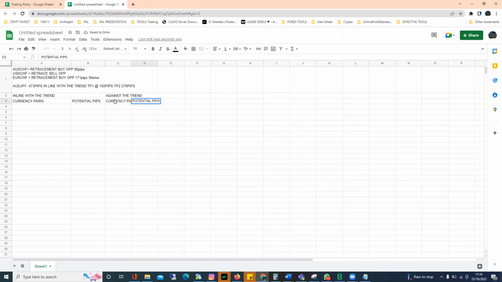Okay, so in line with the trend, we have Aussie JPY, and then you are looking at potential pips of 150 TP1, 270 TP2, and then ultimate 470.